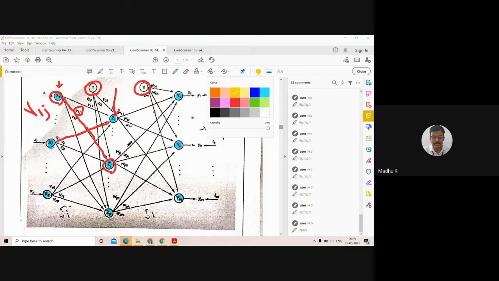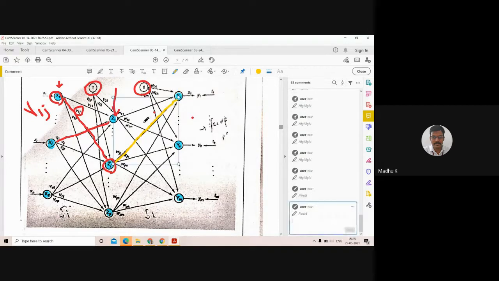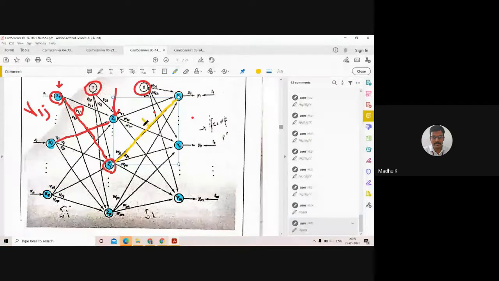Another connection is from the hidden layer to the output layer. This also has a weight. Here the weight W is assigned: Wij.